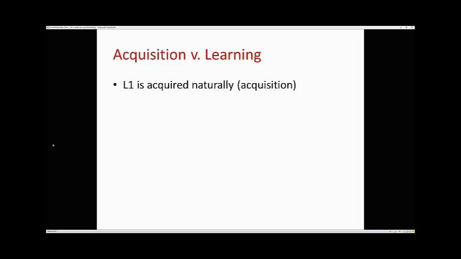First of all, the first language is acquired naturally. If you have children or have been around them for any length of time, you know that they just absorb that first language. They're immersed in it. They're acquiring new words every single day, and they're learning it in an instance where explicit instruction is not as common as it becomes when one enters school.